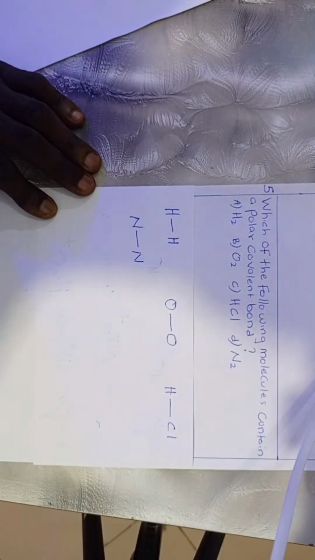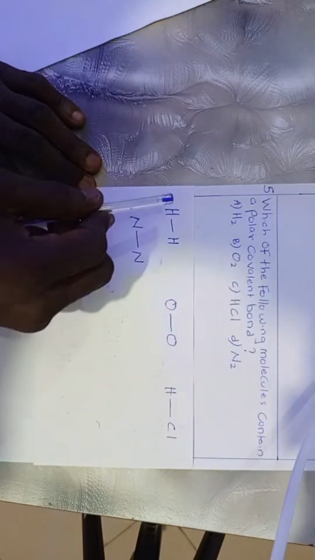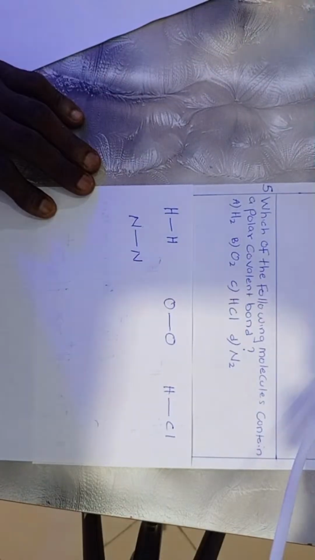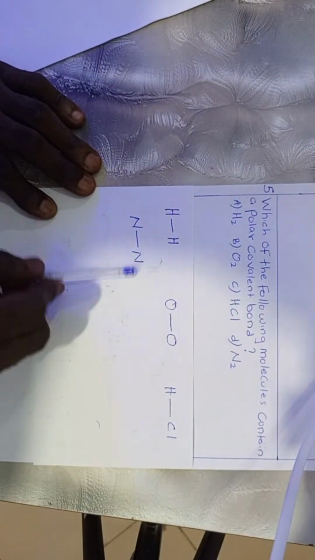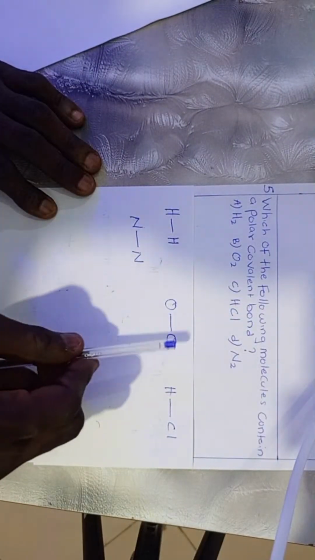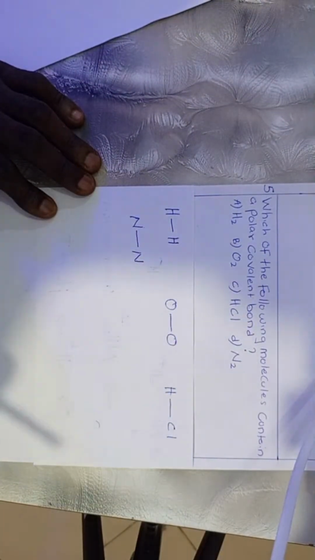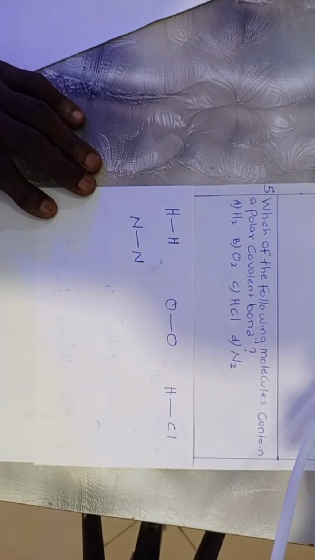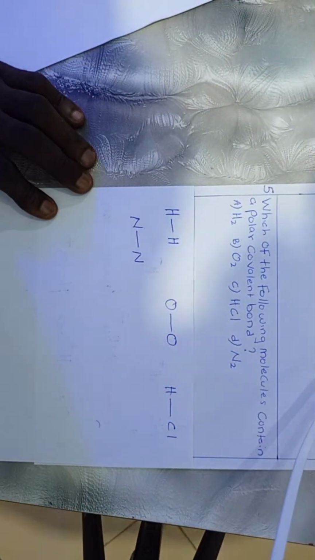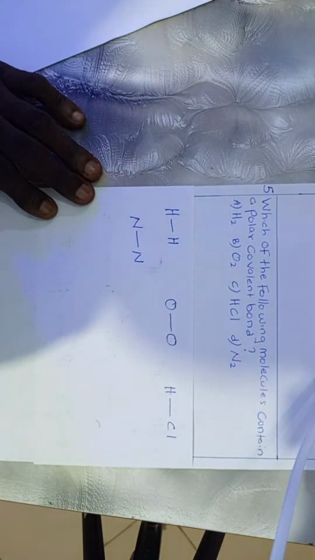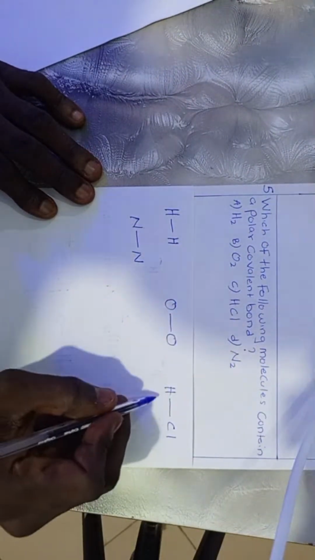Why? Because the electronegativity of these two elements is equal. So the EN difference between similar elements is equal to 0, and because of that, they form what we call a non-polar covalent bond. So what about polar covalent bond? Which one is polar covalent bond? The polar covalent bond here will be formed by HCl.